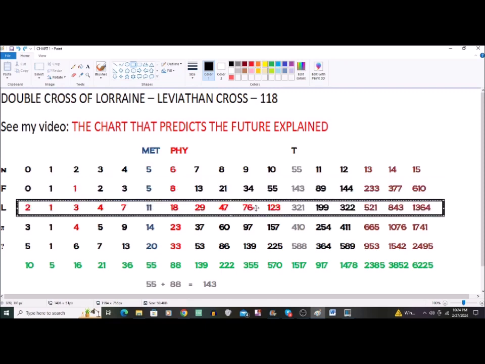Then we go to Lucas numbers, which is basically Fibonacci, except we start on 2, then we add the 1, that generates the 3, and then we add the 3 back to the 1, which generates the 4, and so forth and so on, as you do the same procedure with Fibonacci. So Lucas numbers are a known set of numbers out in the mathematical world.